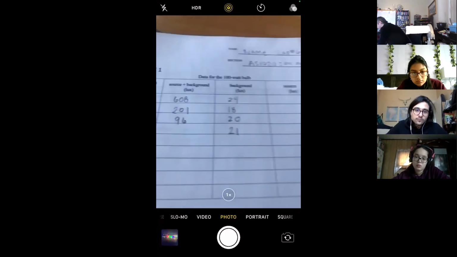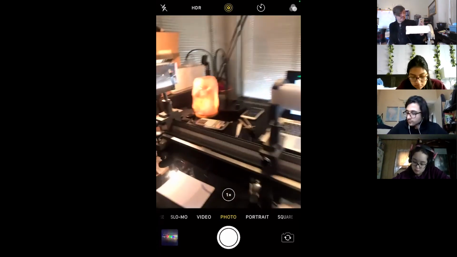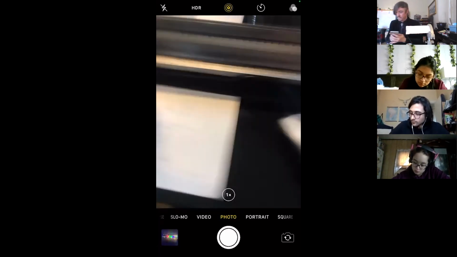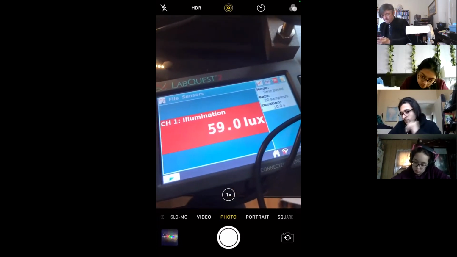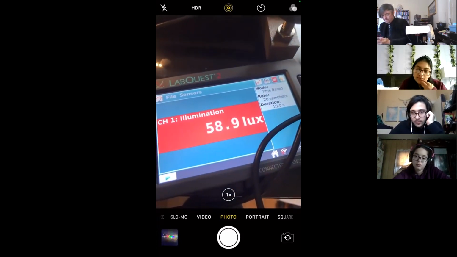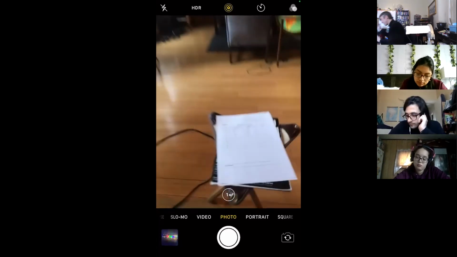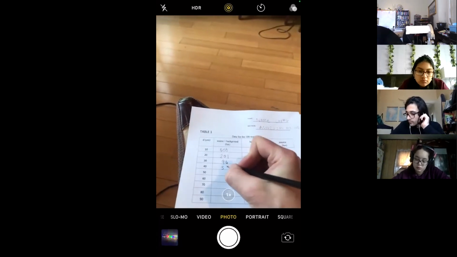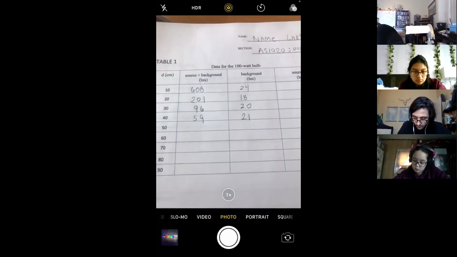I only have the background so far. Oh, okay, I didn't miss anything. About to get the source plus background, right? Yeah, okay. 59. Do you guys have all this so far? Yeah, I have it.